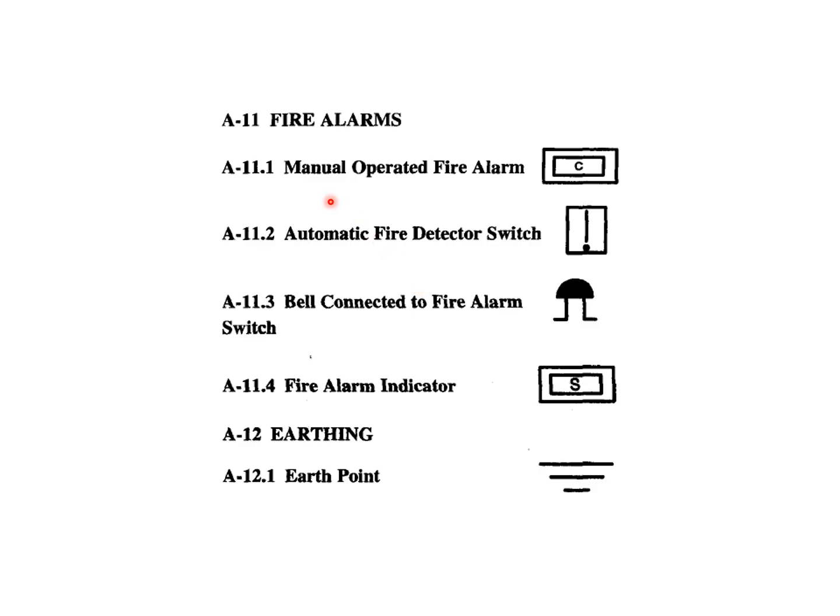Certain fire alarm symbols are shown here. This is a manually operated fire alarm, a push type system, connected to a fire alarm system, and earthing and earth point shown like this.